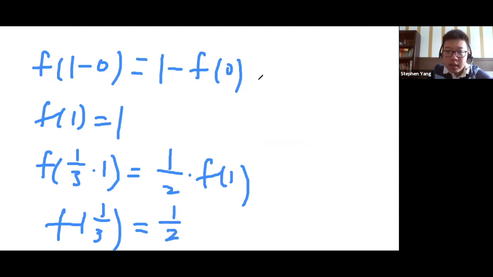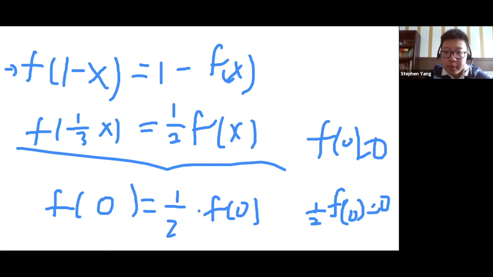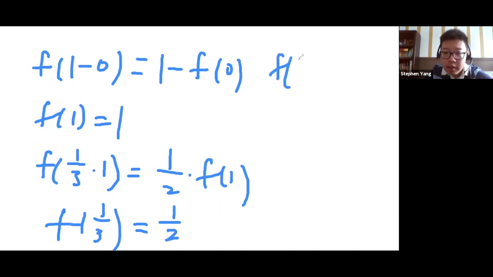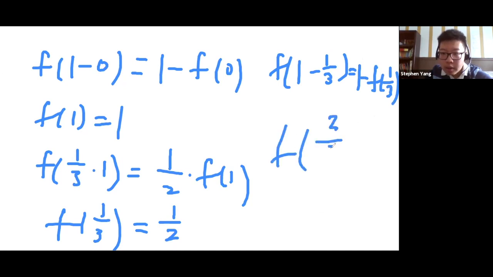And then use the first rule. So it'll be f of 1 minus 1/3 is equal to 1 minus f of 1/3, which means f of 2/3 is equal to 1/2.